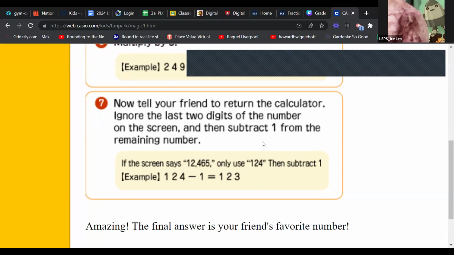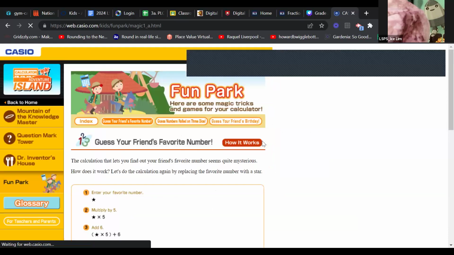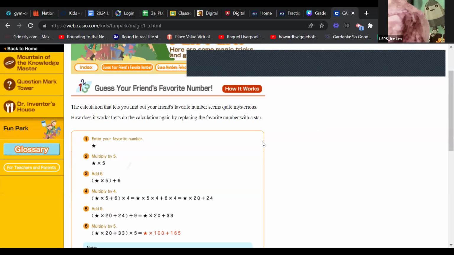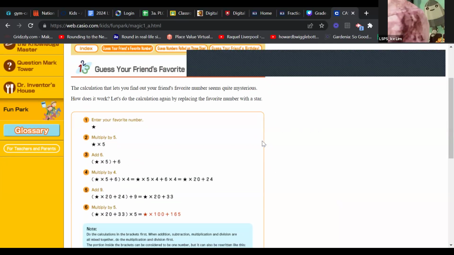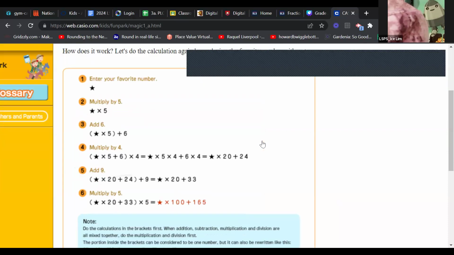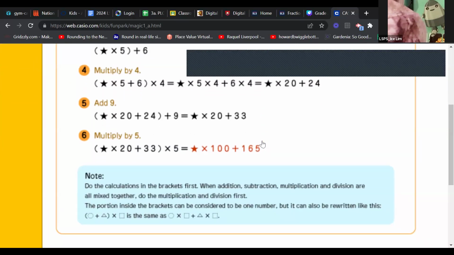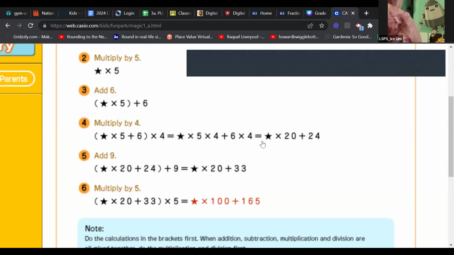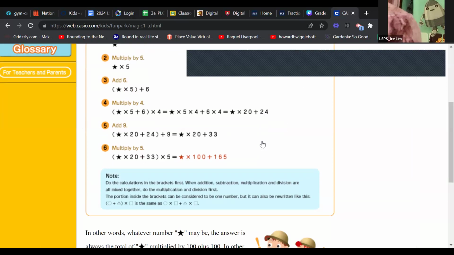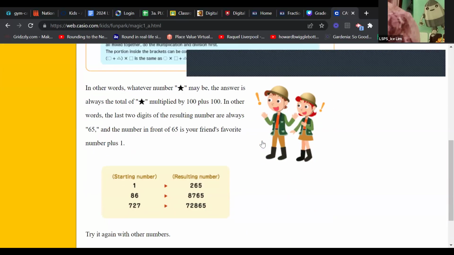For example, if the final screen shows this number, I'll just use the first three, ignoring the last two digits, and then I subtract one. Now exactly why does this work? Tomorrow when we try the Adventure Island, then you can find out. This is the explanation. It has to do with order of operations. It's quite a difficult thing for you to understand, but there's a reason why it works.